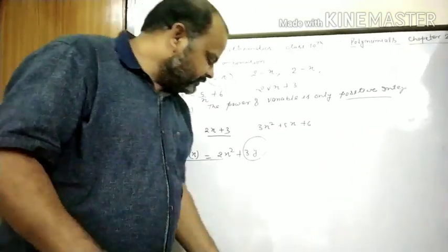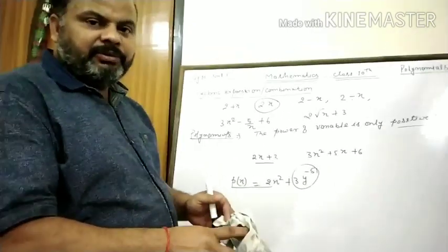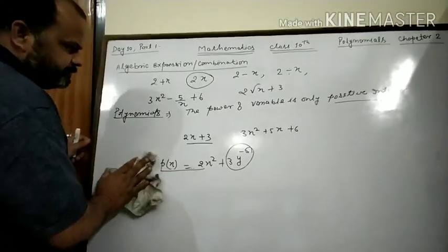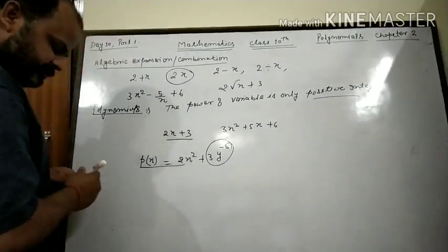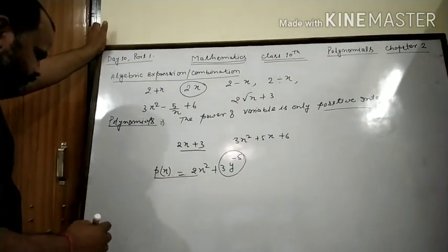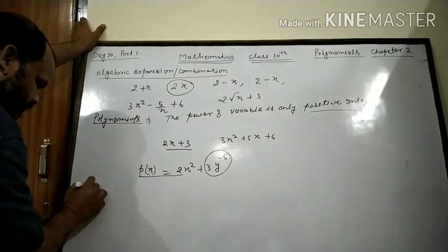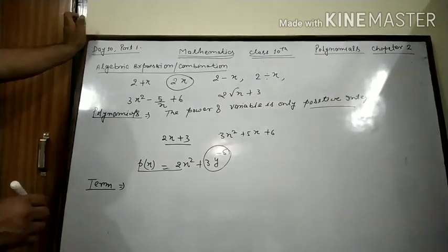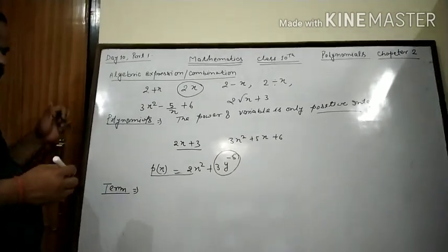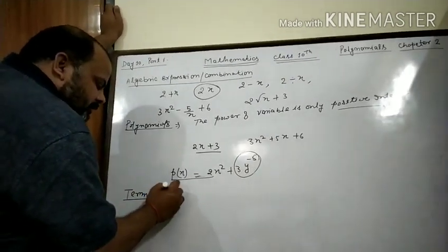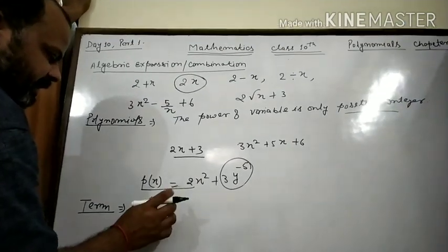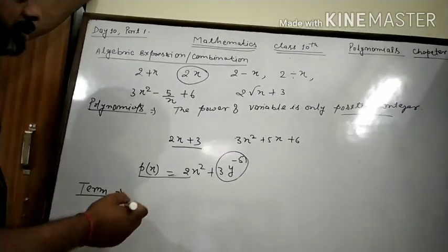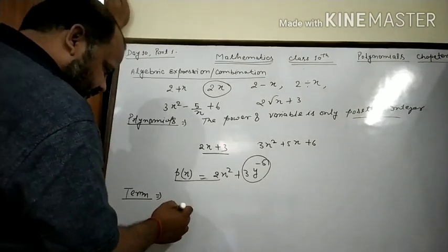Then I think everyone understood the polynomial. Then after that we discuss the term. Term: an algebraic combination in between two signs.